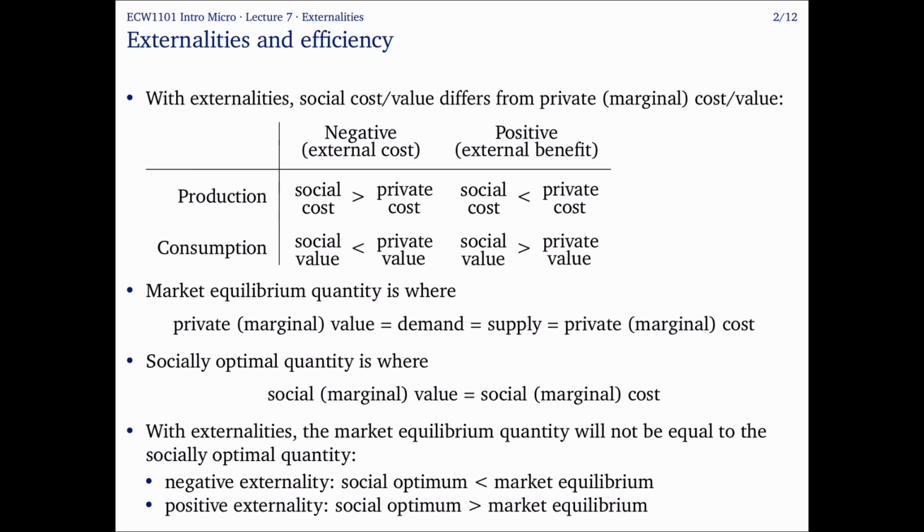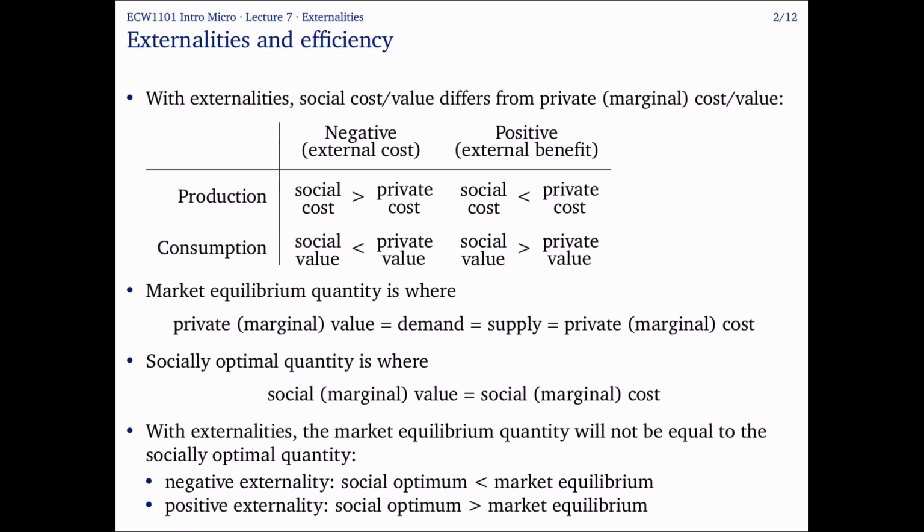The quantity that the market equilibrium reaches is too large relative to what it should be if the external costs were taken into account. Similarly, conversely, for a positive externality, the market equilibrium quantity is too low relative to what it should be if the external benefit were taken into account.